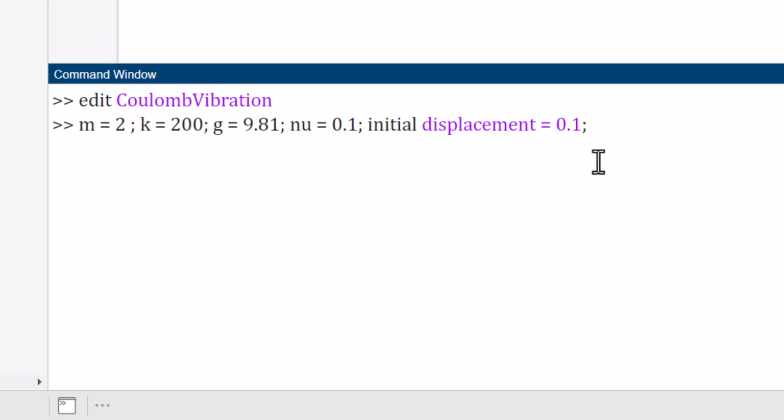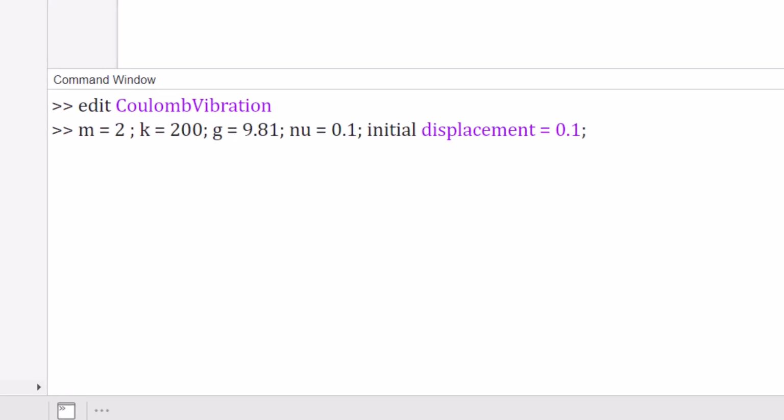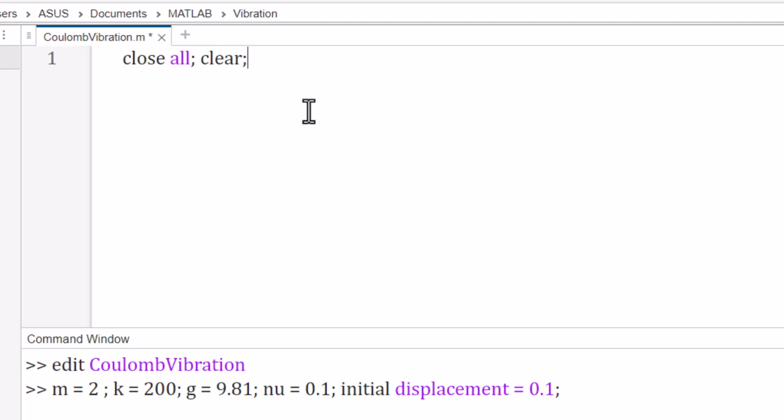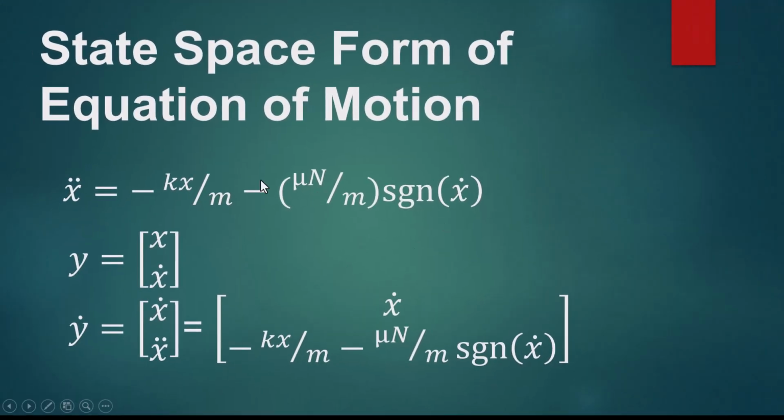I want to solve this system under free vibration with Coulomb damping, and I'm going to use the ODE45 function for that matter. So as always, I start with close all, clear, clc. In the previous tutorials, I used the solve command to solve the equations analytically, but this equation that we are going to solve here has a sign function, and this sign function adds a discontinuity to your equation.